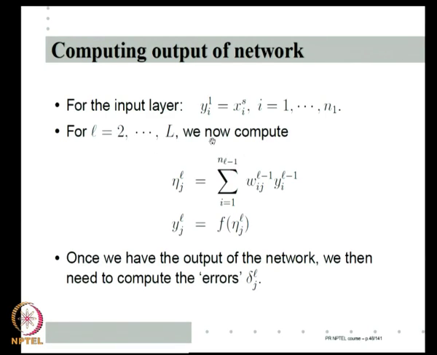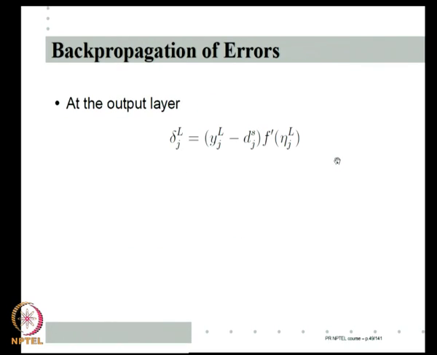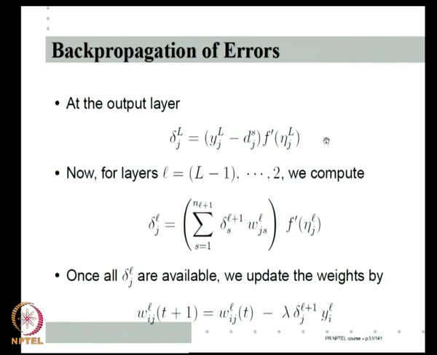Now, I can calculate net inputs into layer 3 and so on. Ultimately, I will get outputs of layer L, which is the network output, and then I will calculate all errors, first errors at the output layer, and then using my recursive backpropagation formula, I calculate errors at all the other nodes going back in the layers, and once all the deltas are available, I can update the weights. So, this is the backpropagation algorithm for training the network.